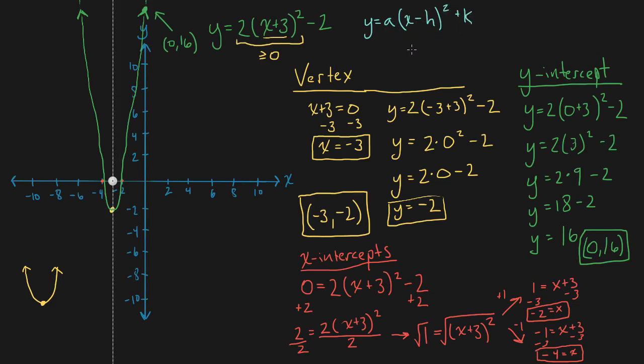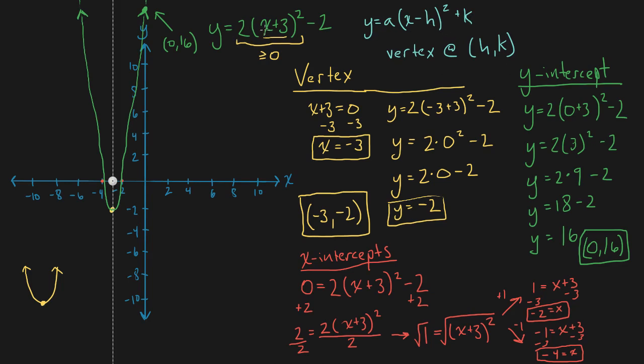And our vertex is going to be at the point (h, k). That's how we use vertex form. It tells us the vertex in these two, and whatever numbers that we substitute for h and k here.